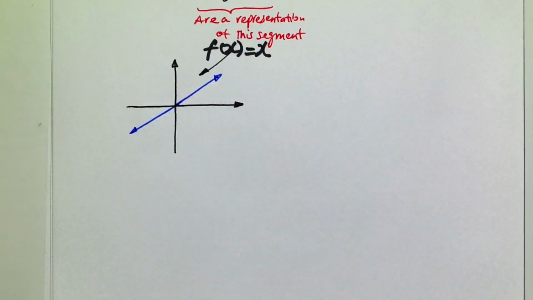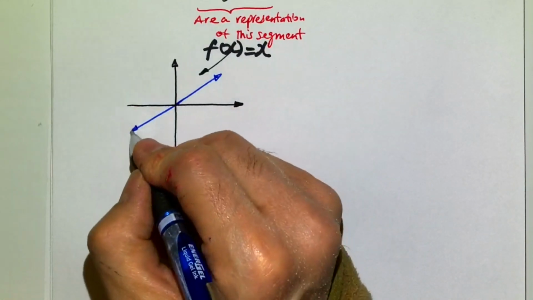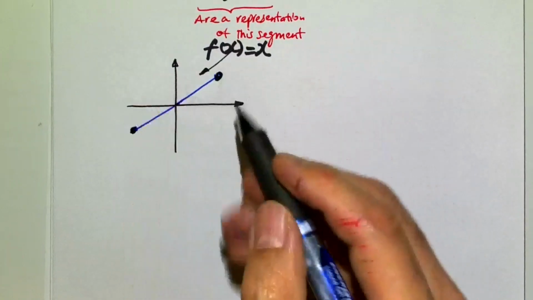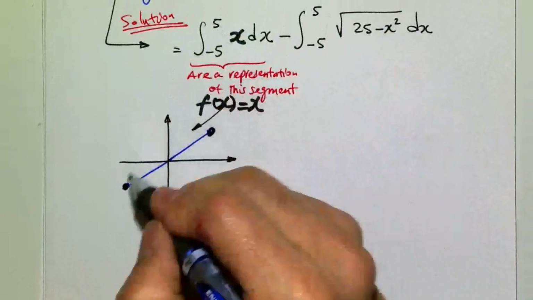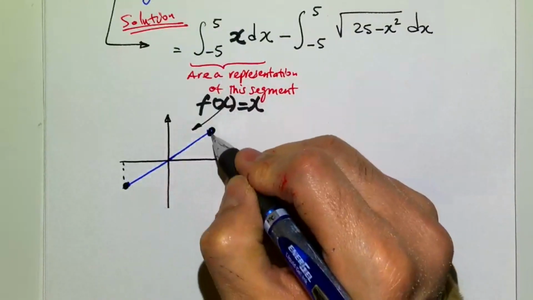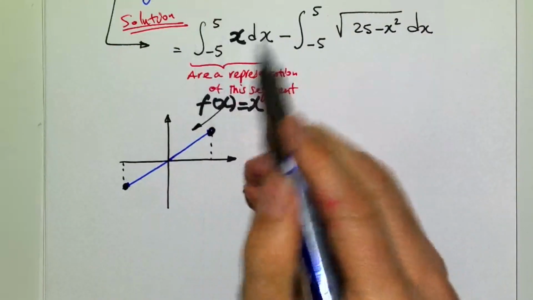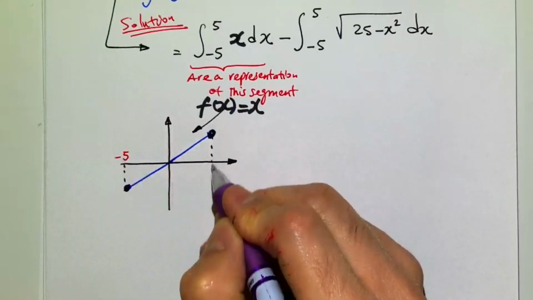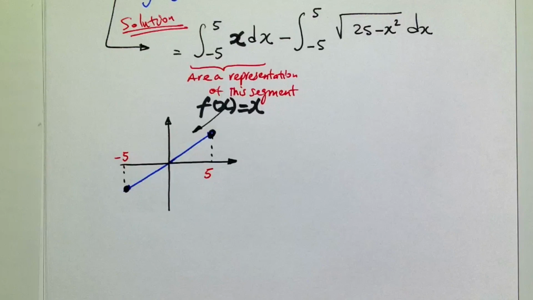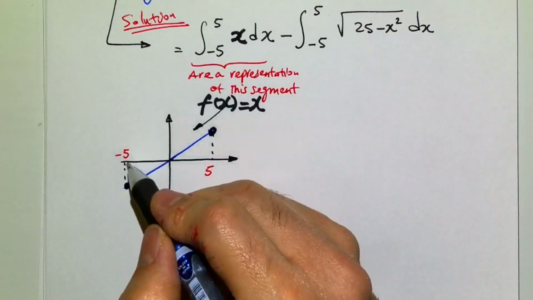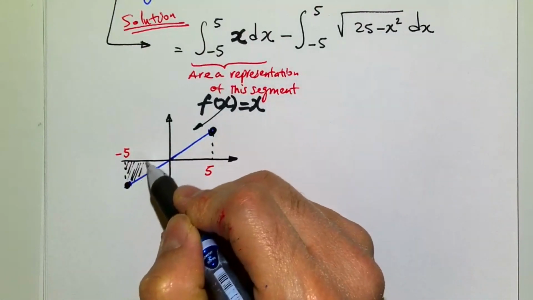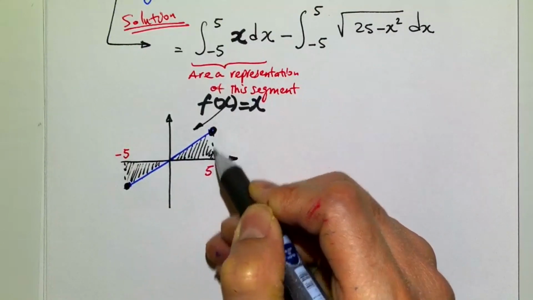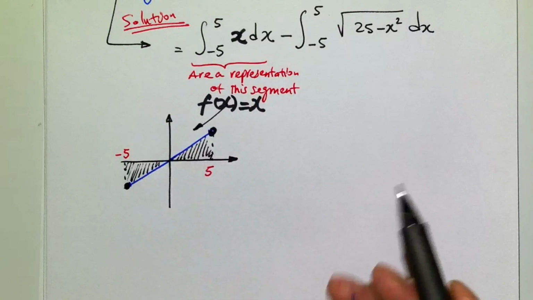But here I should put a dot here, here, and here, because it's from -5 to 5. So the area representation of that definite integral is this, from -5 to 5, and here the net area would be this plus that, right?